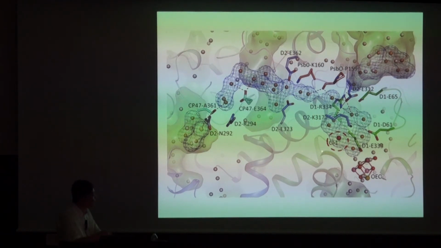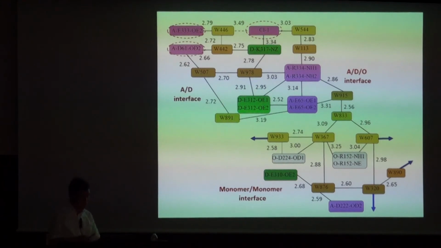This is maintained by this chloride ion. These are the residues and water molecules participating in this hydrogen bonding network. So this is the second hydrogen bonding network required for proton removal from the reaction site.